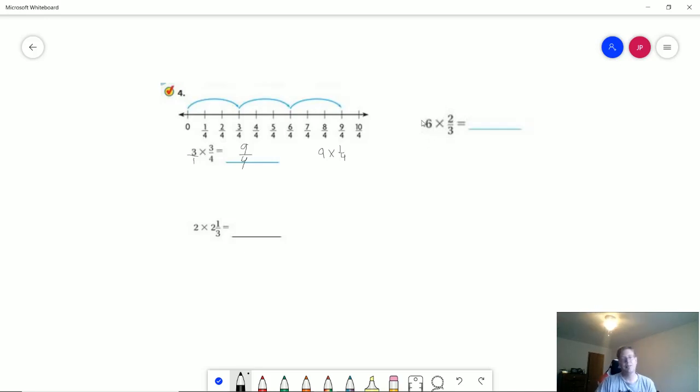I may do a separate video about that, because it uses multiplication and division to generate new fractions. But this time we're just going to do 6 times 2 across the top. That gives us 12. And then our denominator stays the same because we would be multiplying that times 1. And so that would give us 12/3.